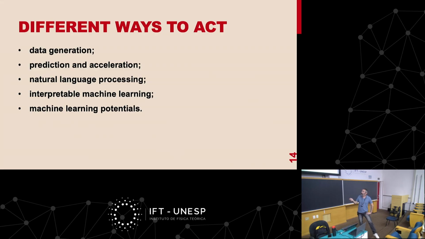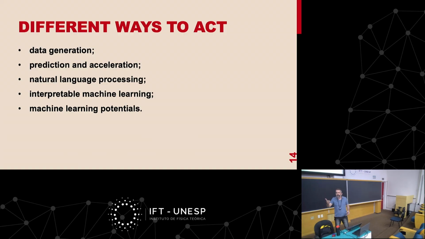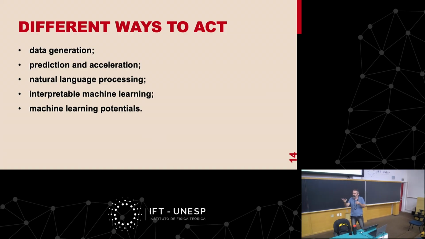And this is one of the ones that I like most, interpretable machine learning. The idea is to try to learn new physics from machine learning, not only predict in which picture there is a cat, but try to learn how the computer thinks, to learn how it identifies the cat.